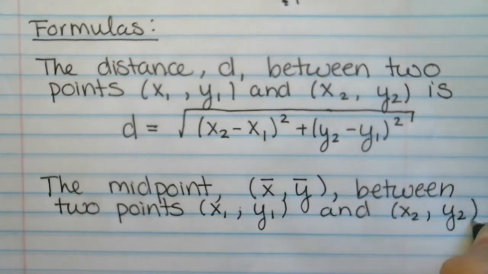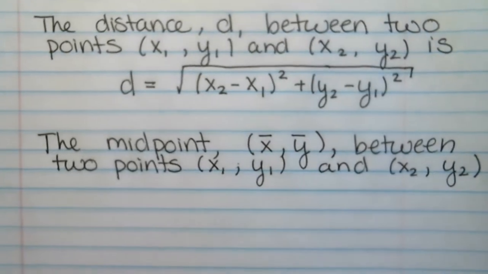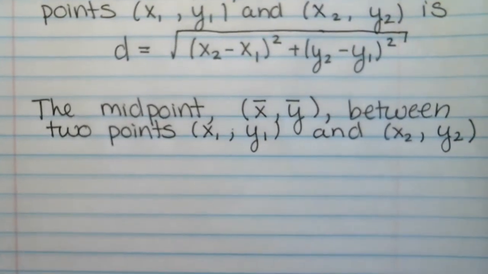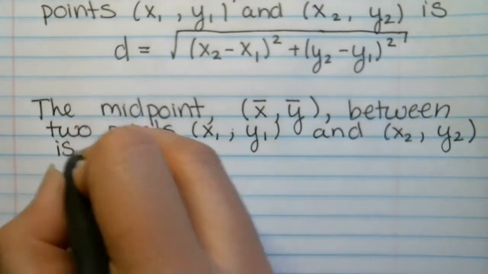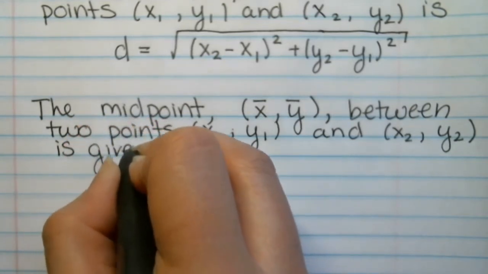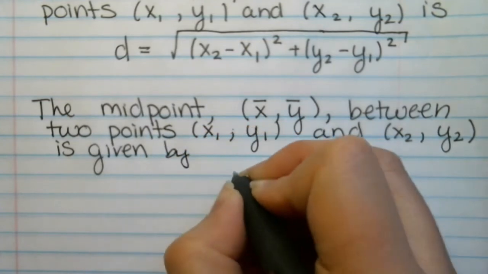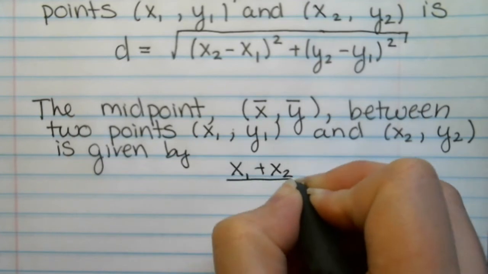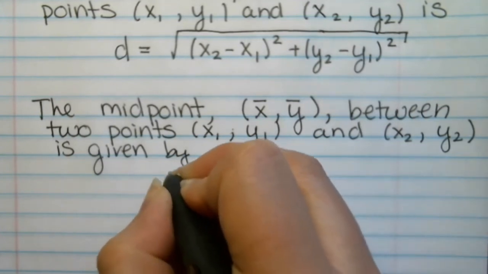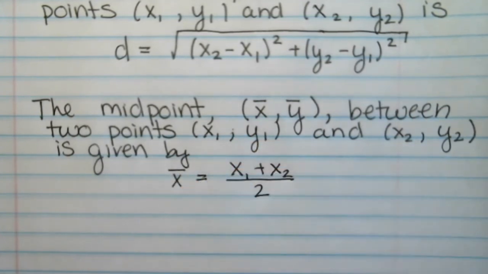Again, we're calling our two ordered pairs x1, y1, and x2, y2, just to differentiate between the two of them.